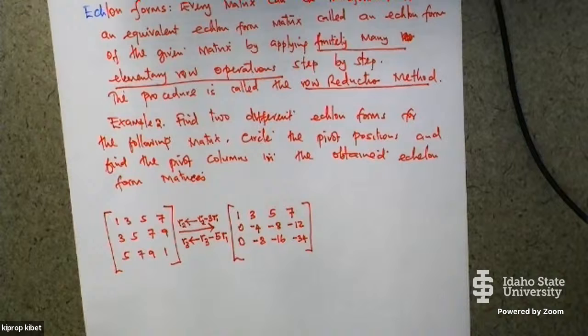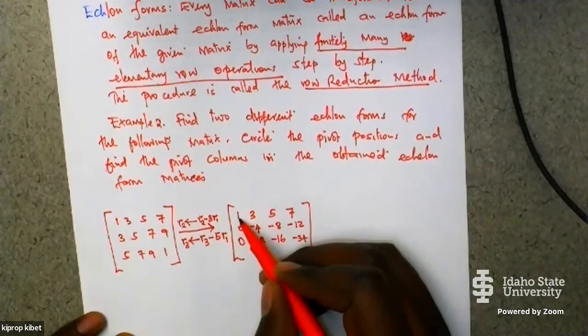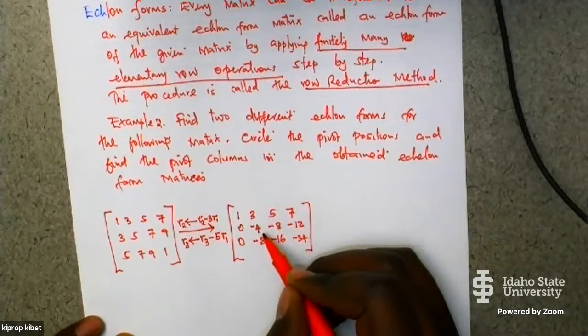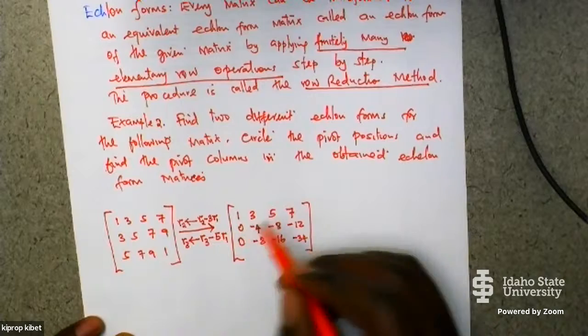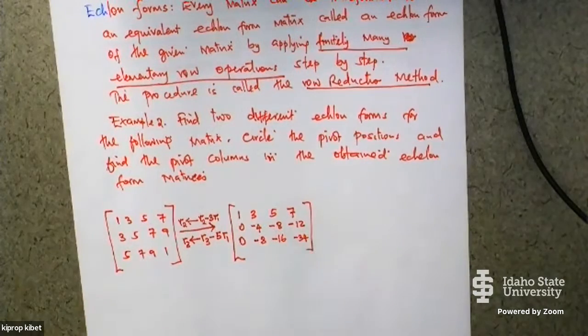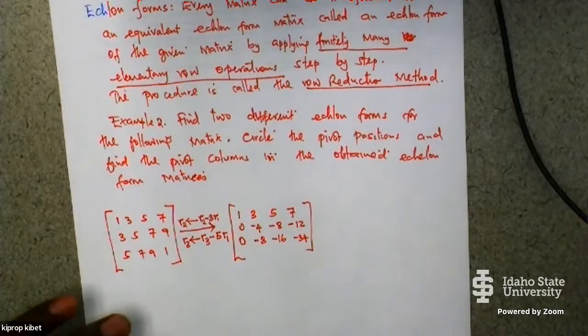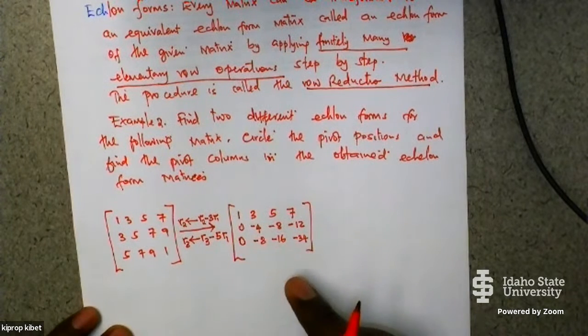Now, this is the first pivot position. Then this is also the second one because there are zeros before that leading entry.